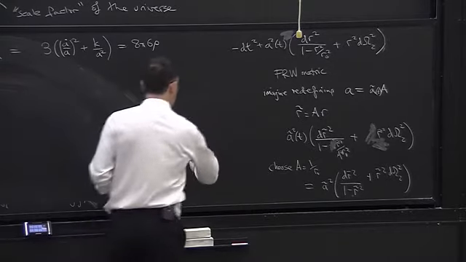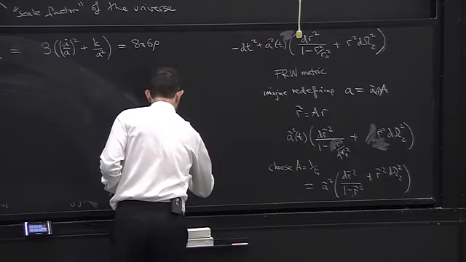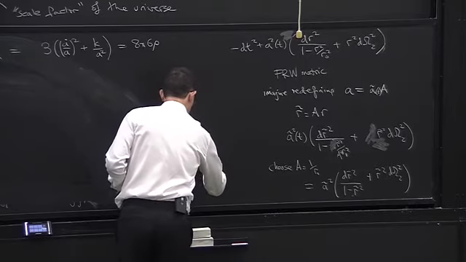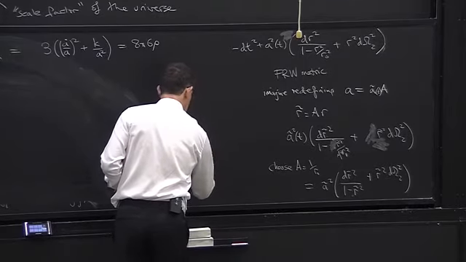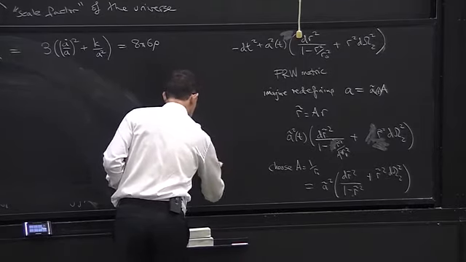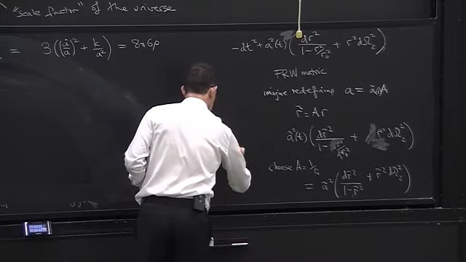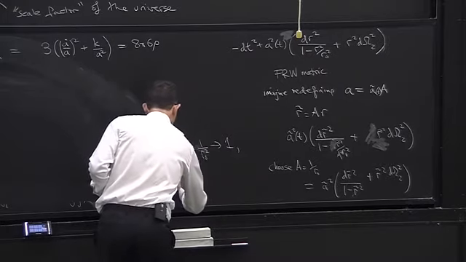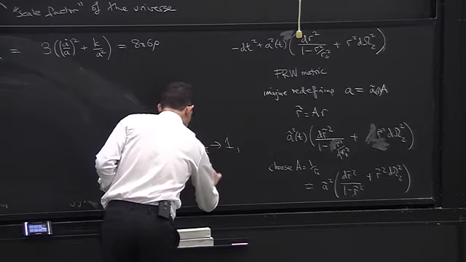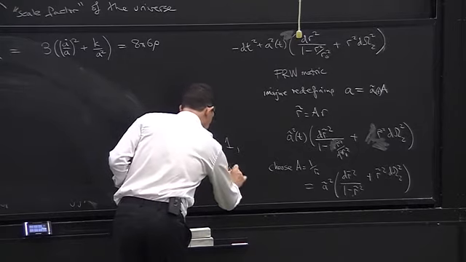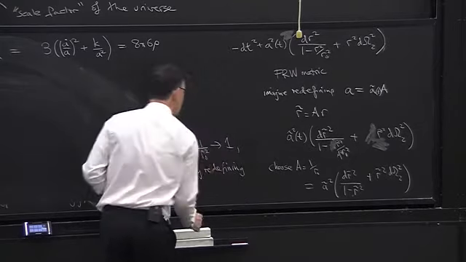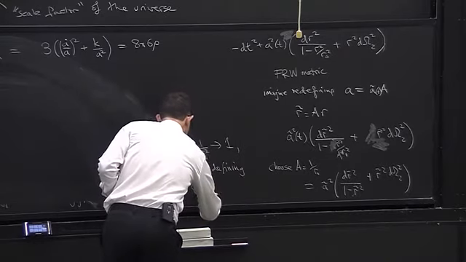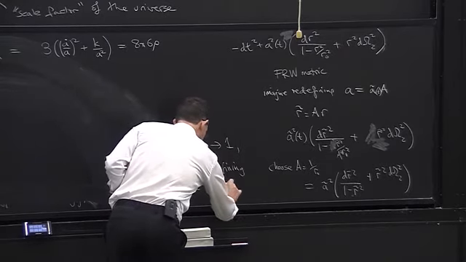Okay, so in other words, we can set 1 over R0 squared to 1 just by redefining A and R.